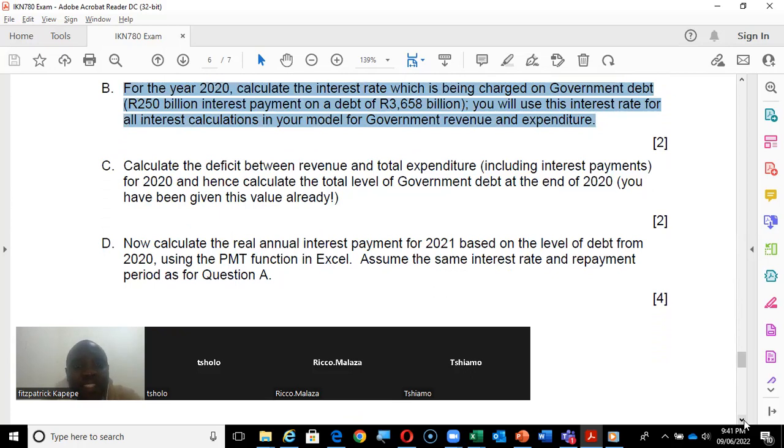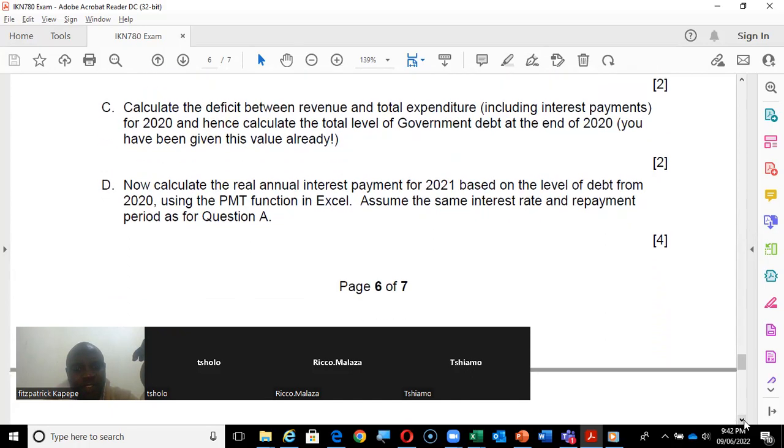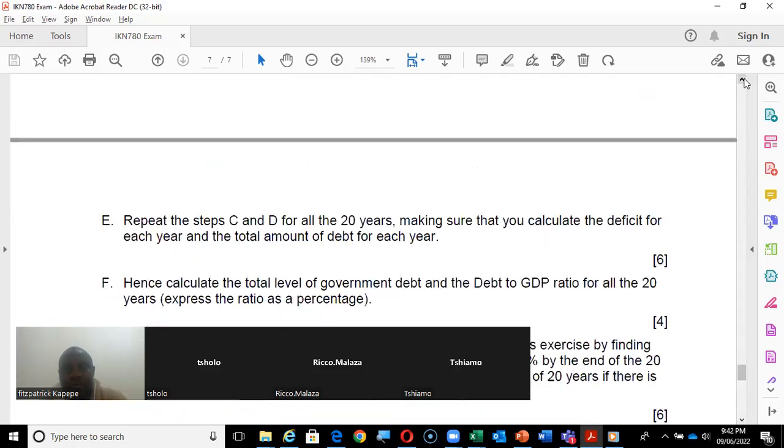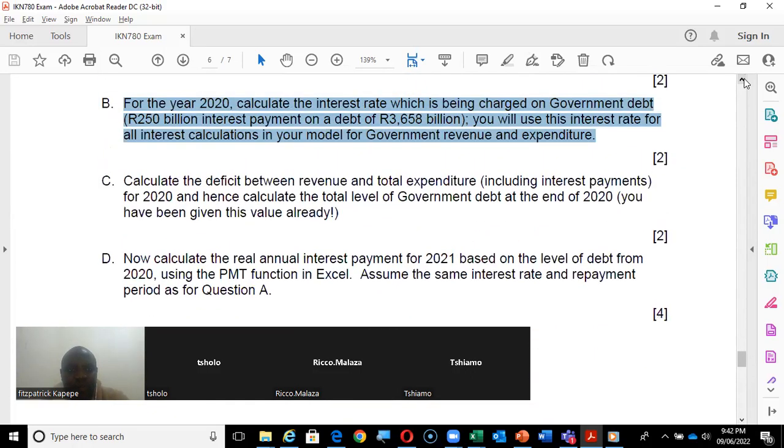Calculate the deficit between revenue and total expenditure, including interest payments, for 2020, and calculate the total level of government debt at the end of 2020. You have been given this value. So whenever there is a deficit, what is happening on the debt? The debt increases, right?